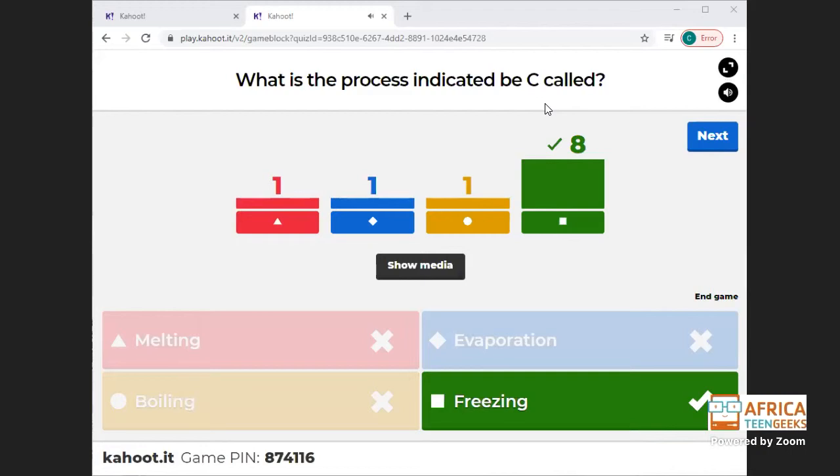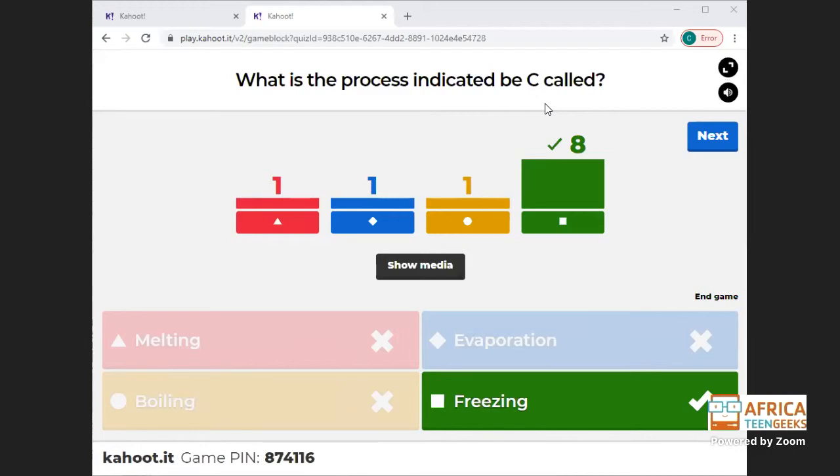Right, that is correct. It is freezing. Okay, guys, I'm just going to pause a bit. Ne? I see people are complaining that they can't see the questions. Guys, remember the questions are appearing on our Zoom screen, okay? You need to alternate between the two screens, your Zoom meeting as well as your kahoot.it where you answer.